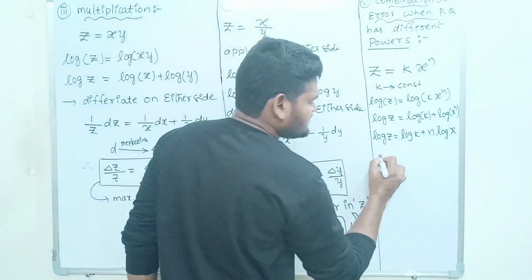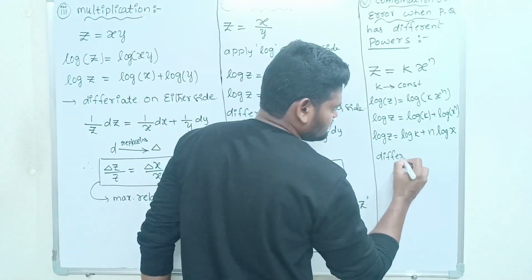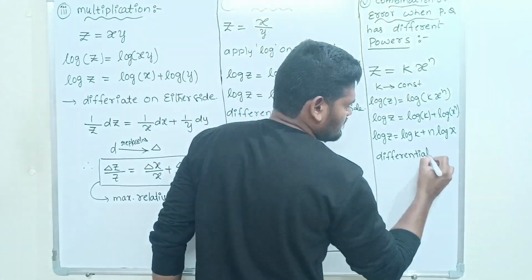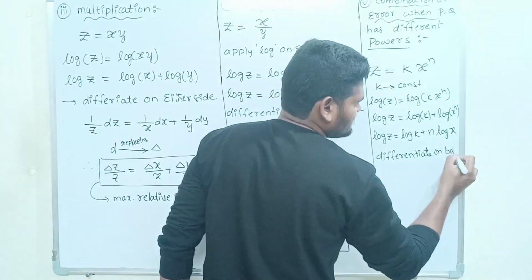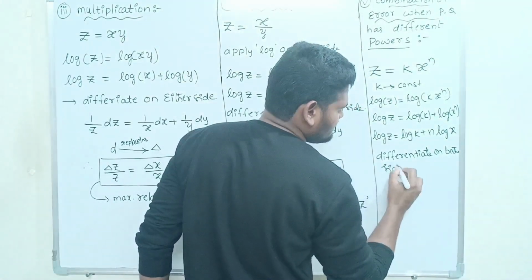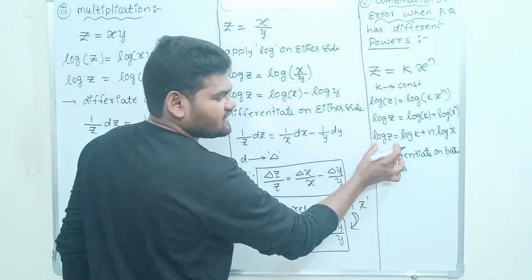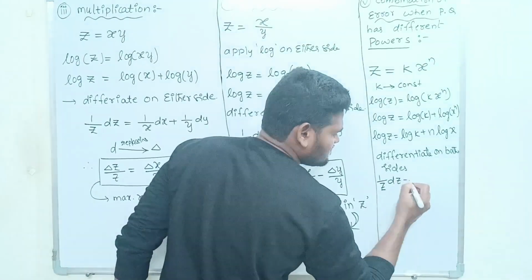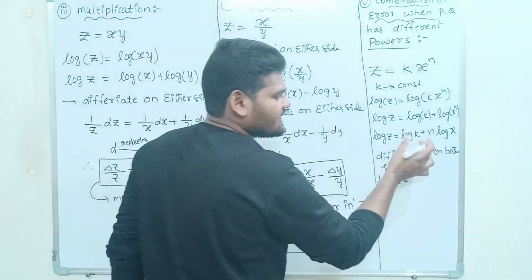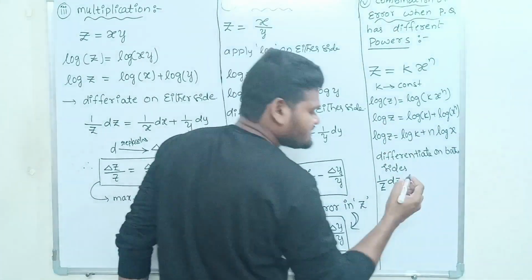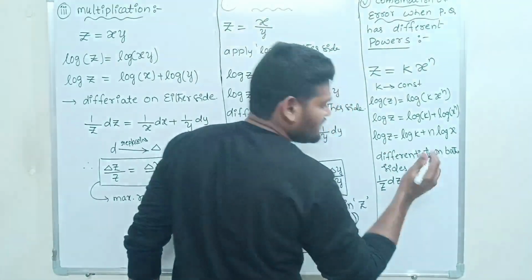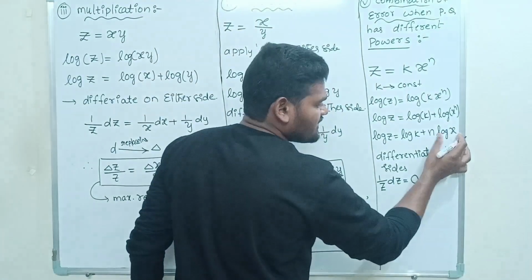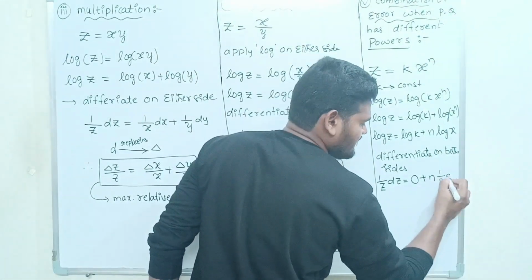Okay, so differentiate on both sides. If we differentiate, it becomes 1 by z dz is equal to differentiation of log k, which is a constant, so it becomes 0, plus n into log x differentiated, 1 by x dx.